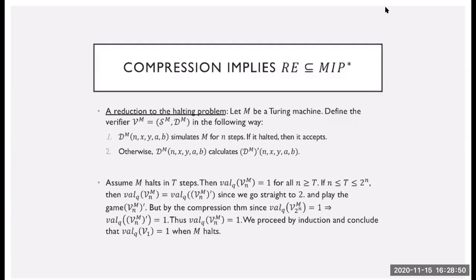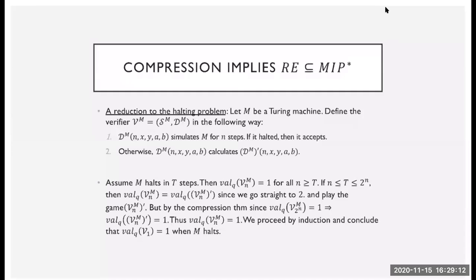Let's see it happens. So clearly, if M halts, and you take the nth game where n is greater or equal to t, the decider will do only step 1, will never get to step 2, and thus it will always give us 1. So the probability of winning this game is 1.